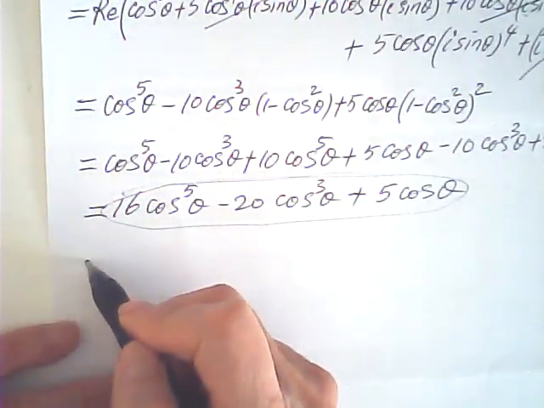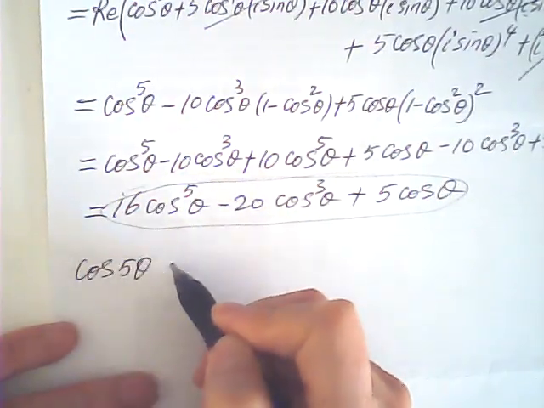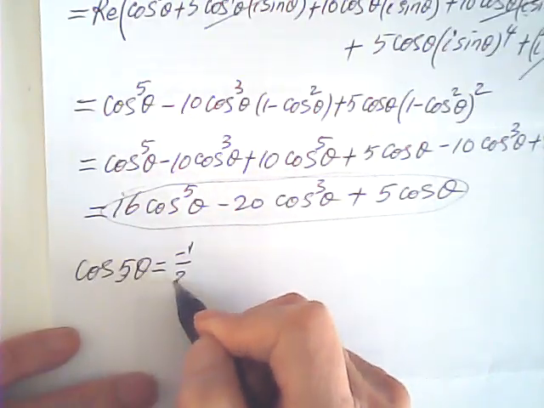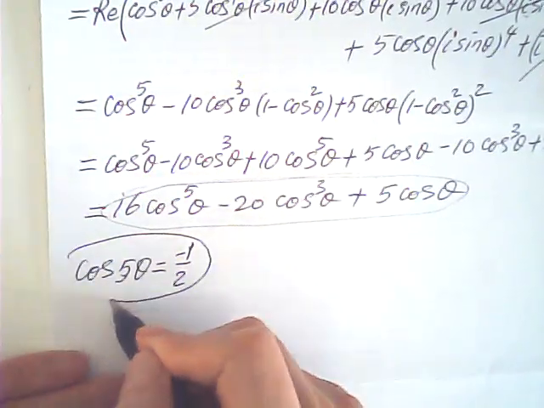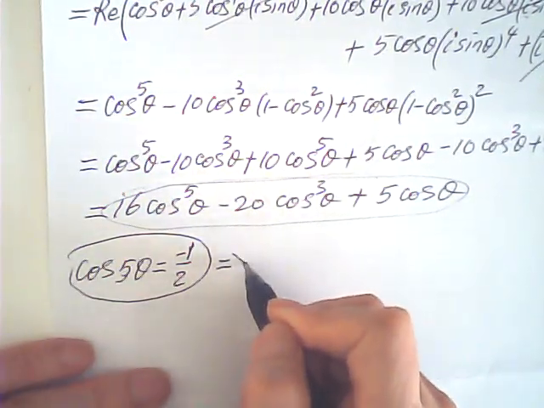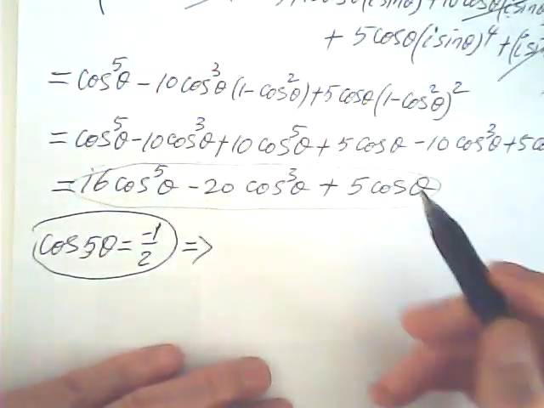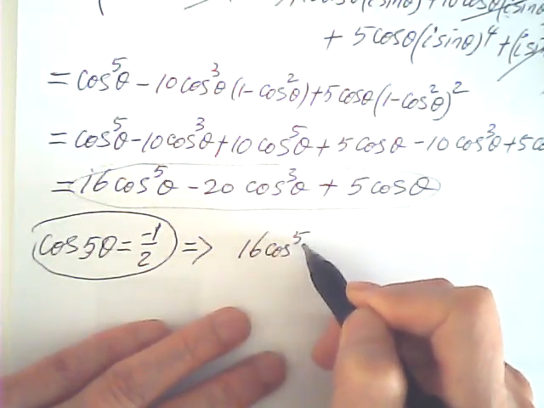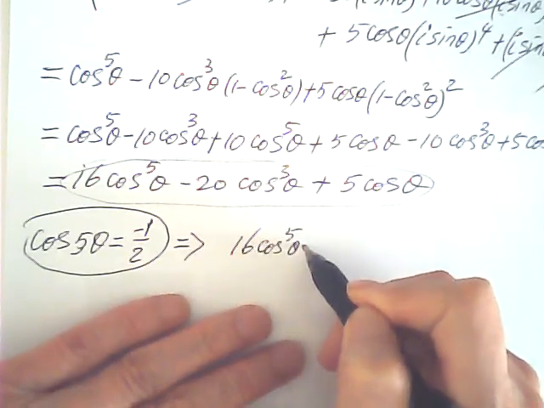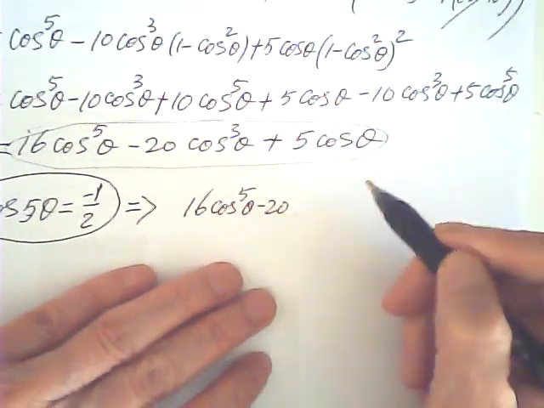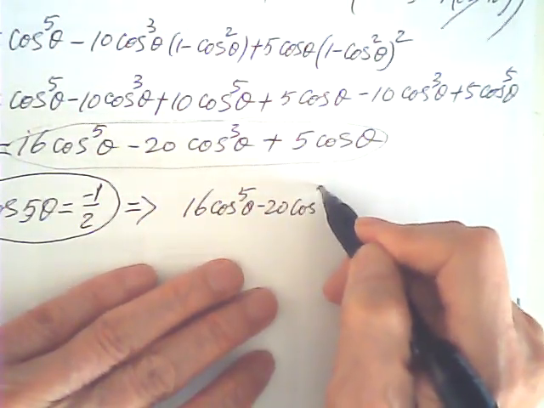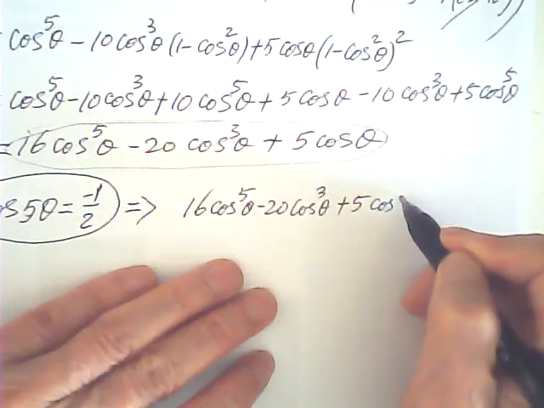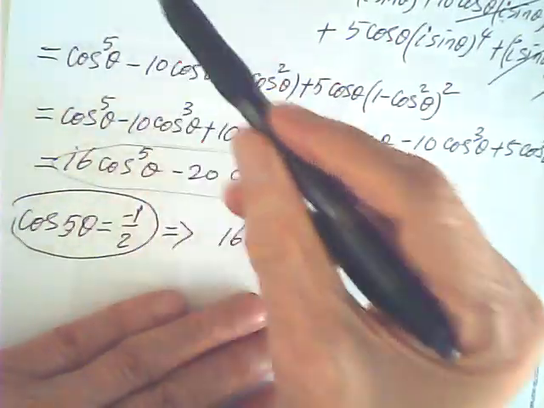What happened? If cosine 5 theta is equal to negative 1 half, then move this over there, that means 16 cosine fifth minus 20 cosine cube plus 5 cosine theta equals negative half, right?